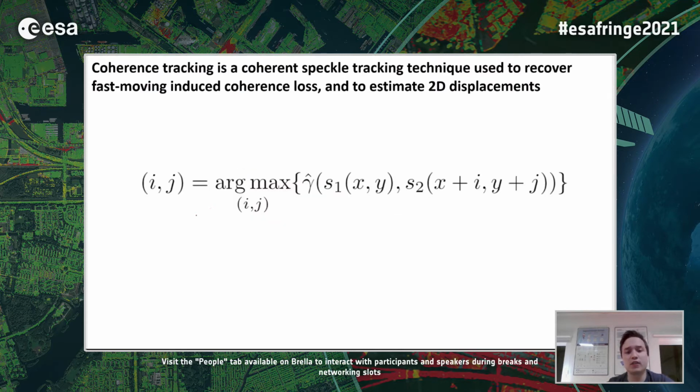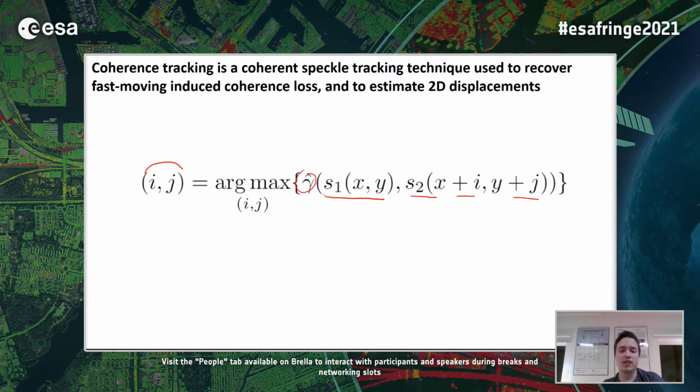That's where we are using coherence spectral tracking, where the goal is to find an i,j shift that maximizes the complex correlation between the master image at a given position and the slave image at a shifted position around this x and y position. This is the goal of spectral tracking, where we try to maximize this correlation.